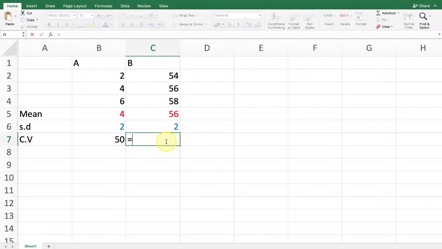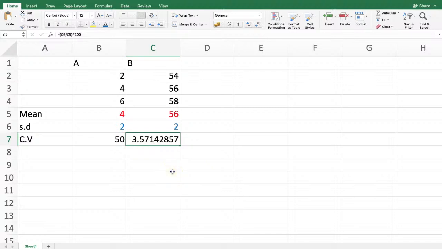What about the second dataset or dataset B? Equals standard deviation 2 divided by the mean, which is 56, times 100%. Okay, what is it equal to? 3.57%.